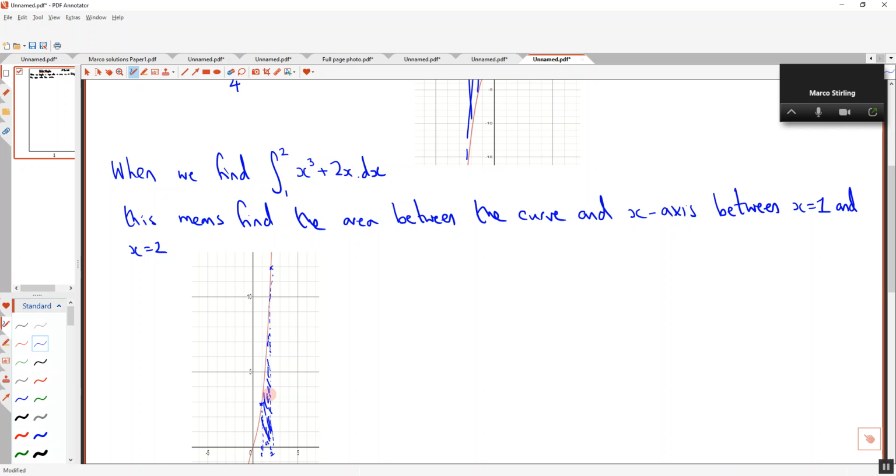So I'm finding that particular area there as an actual value. Sorry, this picture's not great, but does that make sense? Can you see what I mean? Visually, you get an idea?